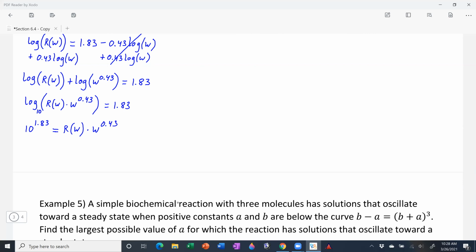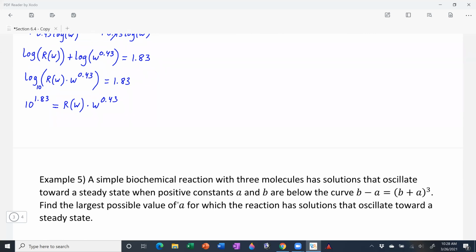Okay. And then last but not least, to get r of w by itself, we can divide both sides by that w to the 0.43 power. So we're going to get r of w equals 10 to the 1.83 divided by w to the 0.43.